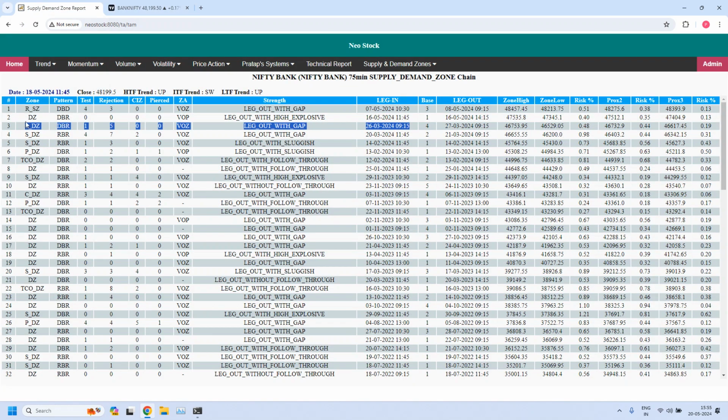And what about the supply zone? We have an immediate demand zone available, that is 16.5. Let us draw this, even though this is a normal zone. 16.5, 2024, 11.45.